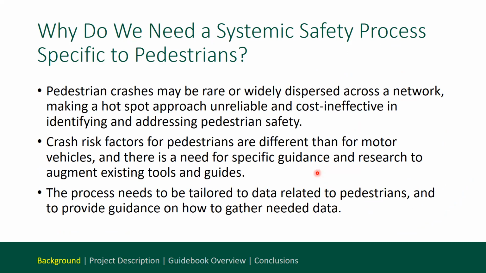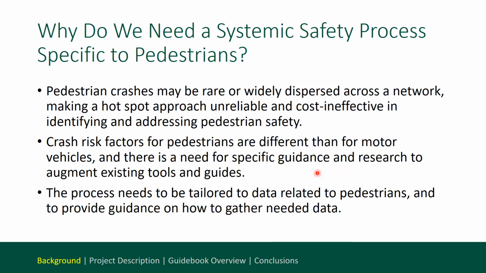And what they said was that pedestrian crashes, because they're rarer and widely dispersed across a network, the hotspot approach is particularly unreliable for these types of crashes. It's particularly cost ineffective. The same thing goes for bicyclist crashes as well.